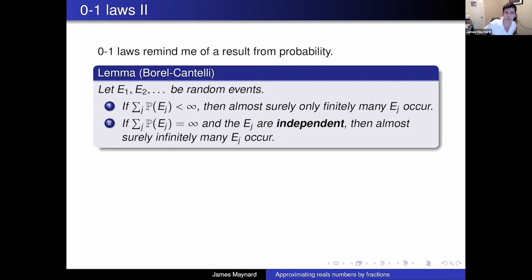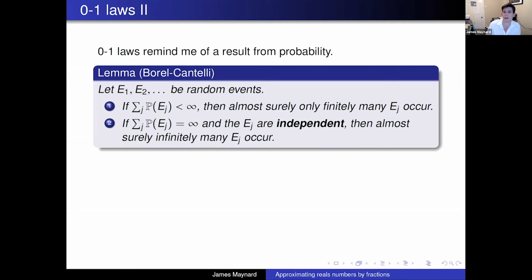It says if you have an infinite sequence of random events, let's call them E1, E2, E3, and so on, if the sum of the probabilities converges, then almost surely, so with probability 1, only finitely many of the events Ej occur. Whereas if instead the sum of the probabilities diverges, and you also have that the different events are independent from one another, then almost surely infinitely many of these events occur.